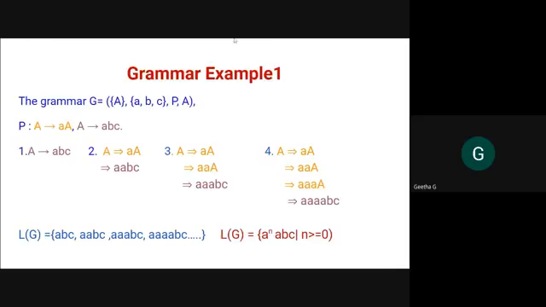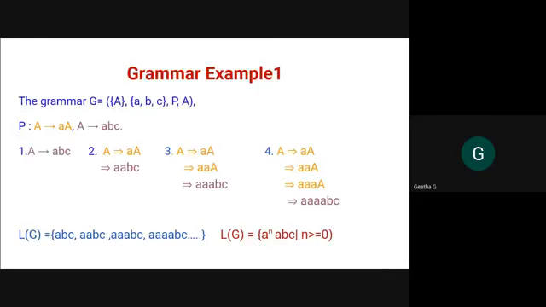The definition of a grammar is clear. Please type it in your chat box. Is that clear? What is the non-terminal? In the given example, the non-terminal is capital A. Terminals are small a, small b, small c, and the start symbol is capital A. It has two production rules.